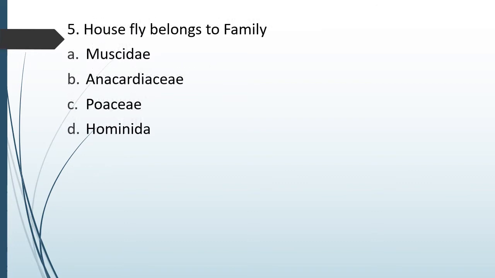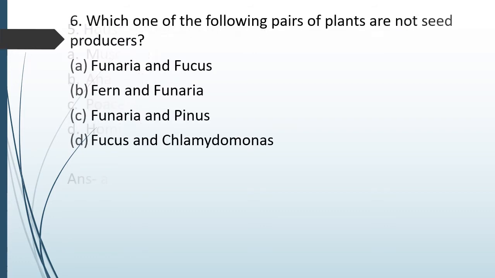Question number 67. Housefly belongs to family option A, Muscidae, option B, Anacardiae, option C, Poaceae, option D, Hominidae. Housefly belongs to family. Correct answer is option A, family Muscidae. Question number 81.